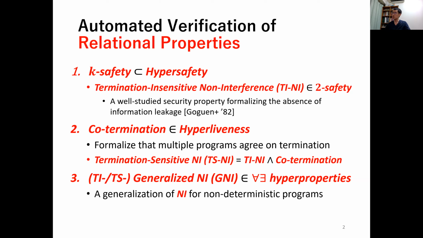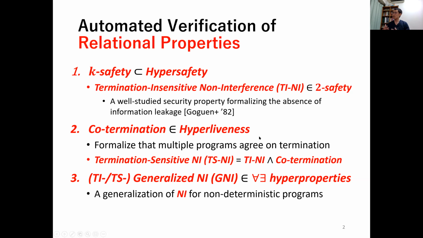And roughly, co-termination is a termination property for multiple programs. It says that if one program terminates, then so does the other program. Another class of hyperproperties that we are interested in in this paper is GNI, generalized noninterference, which is an example of a so-called for-all-exists hyperproperty, which actually is a subclass of hyperliveness.